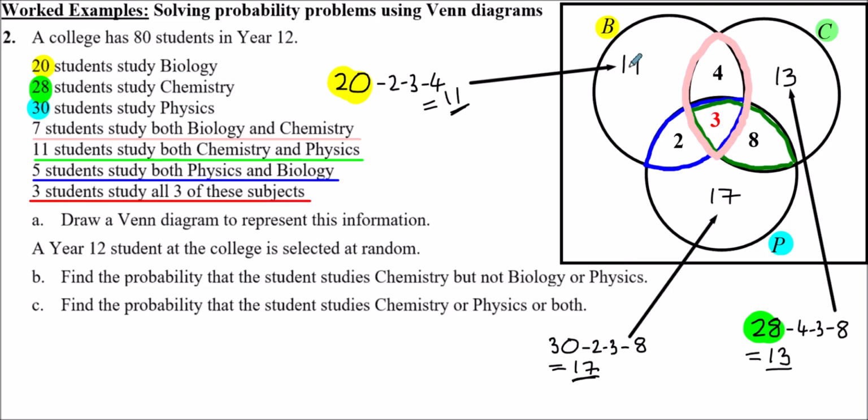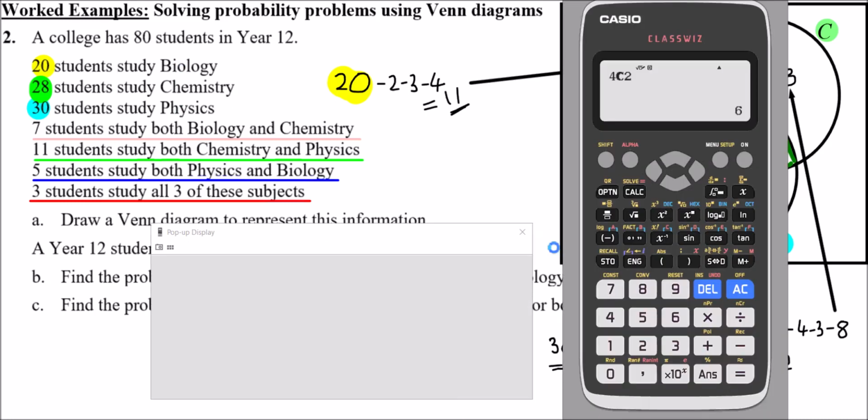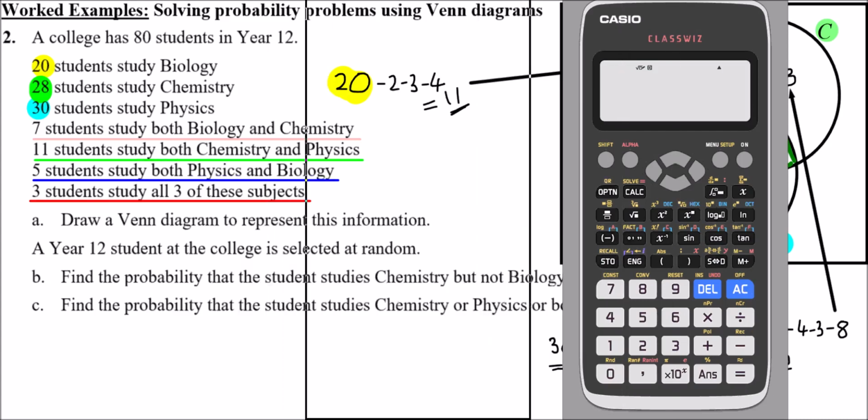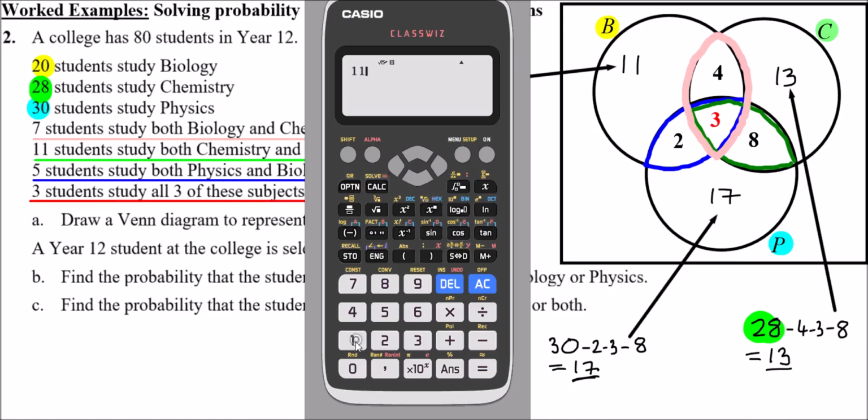So what we need to do here is total up all these numbers carefully. So in this Venn diagram currently, we have 11, we have 13 and 17. So I'm adding up the numbers outside of the overlaps first. So 11, 13 and 17. We also have 2, 3, 4 and 8. So plus 2, plus 3, plus 4, plus 8.